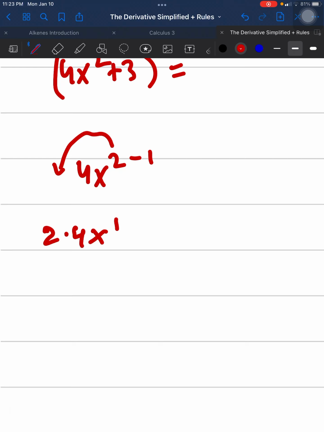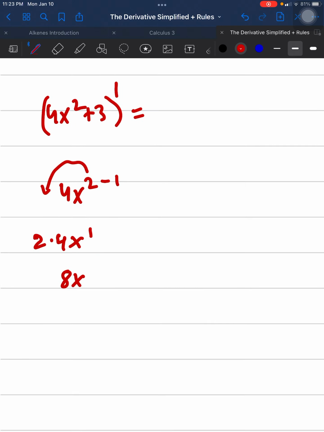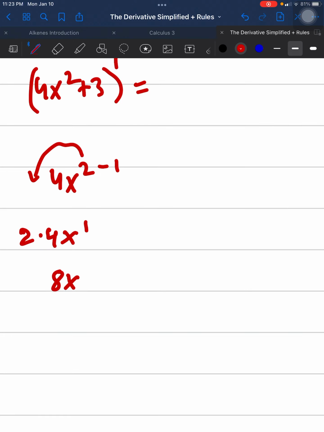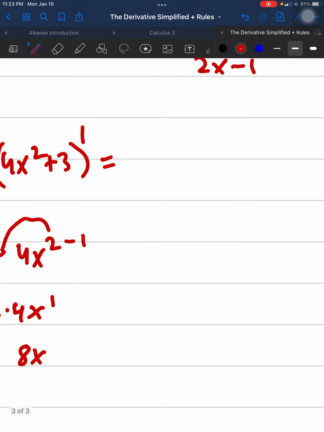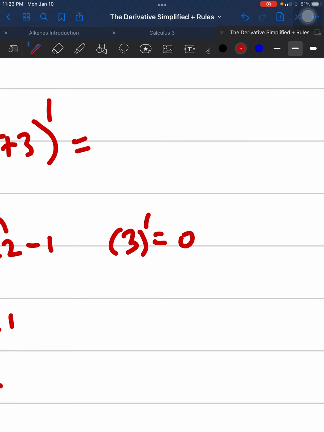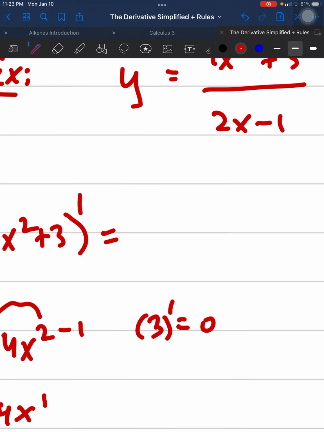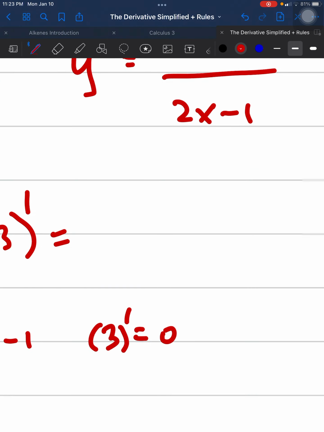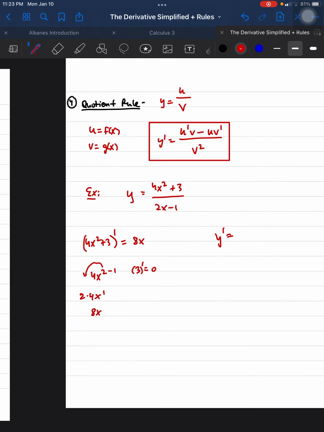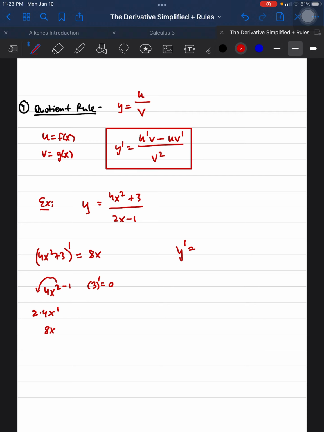Those coefficients are just going to be multiplied with each other, and we get 8x. So the derivative of 4x squared is just 8x, and the derivative of 3, as we know, is just going to be 0 because it's a constant. So the overall derivative of 4x squared plus 3 is just 8x, right?